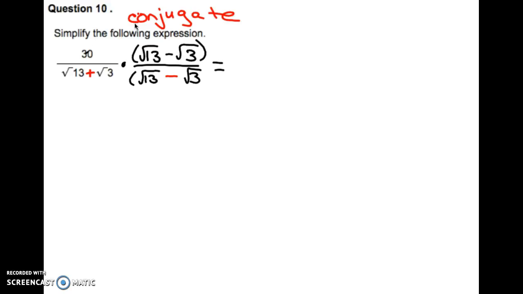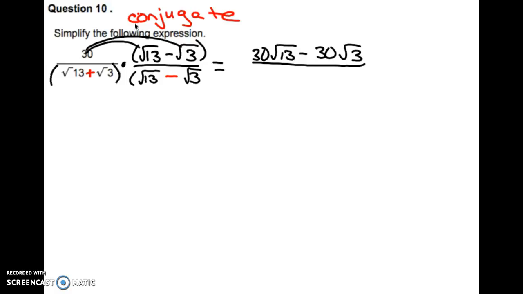So up top, I'm going to distribute the 30. So we have 30 square root 13 minus 30 square root 3. And in the denominator, we also have to distribute. Square root 13 times square root 13 is plain 13. Square root 13 times negative square root 3 is minus square root 39.